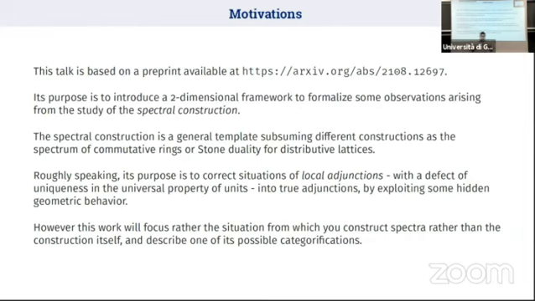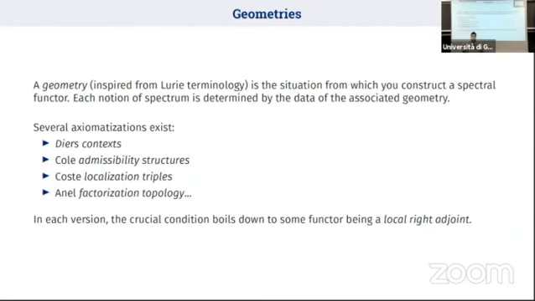I won't talk of the spectral construction itself, but more of the situation from which you construct one, which I will label as geometries, an umbrella term encompassing different possible axiomatizations of this idea, because there are a lot of different possible axiomatizations using different formalisms, someone with Grothendieck topoi, or with model theory, or purely categorical.